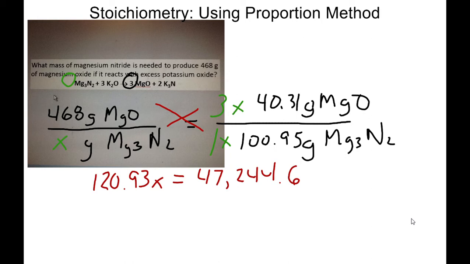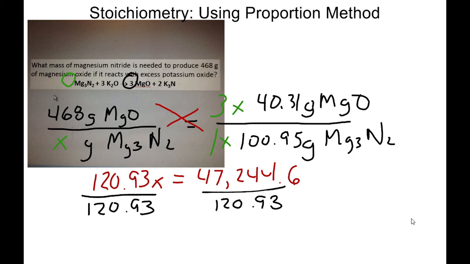This reveals an amount of 47,244.6. Next, we solve for x by isolating for x, which means we divide each side of the equation by 120.93. In doing this, our rounded amount to 3 significant figures is 391.